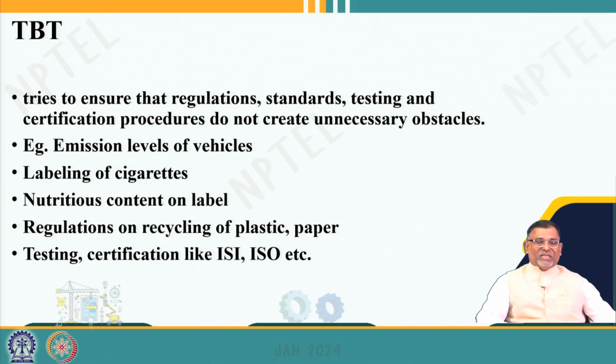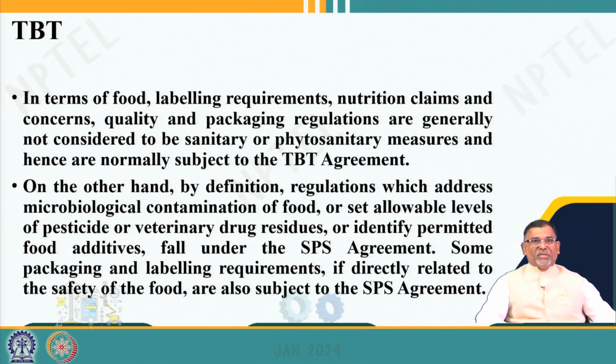Like I already talked about the ISI marks, ISO marks, these all come under the TBT agreement. So, when it comes to labeling requirements, the nutritional claims of food products, quality and packaging, for example, the packaging regulations of tobacco products, the packaging regulations of alcoholic products, and the packaging regulations with regard to plastics.